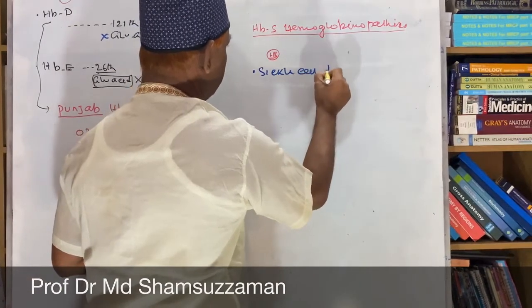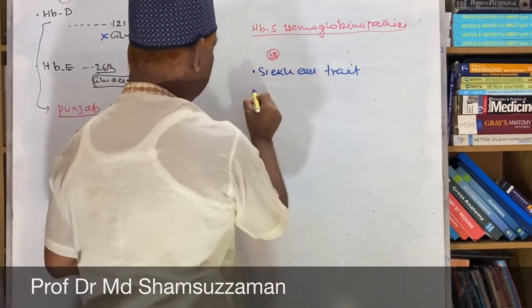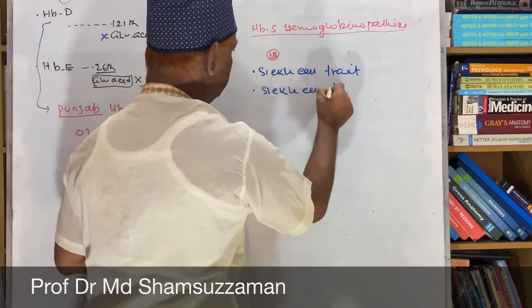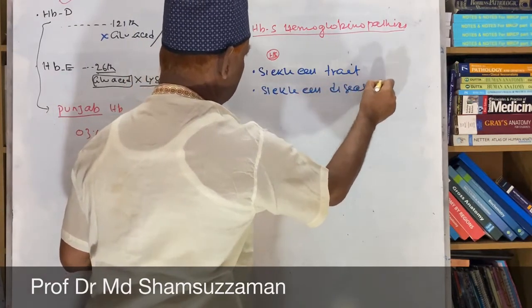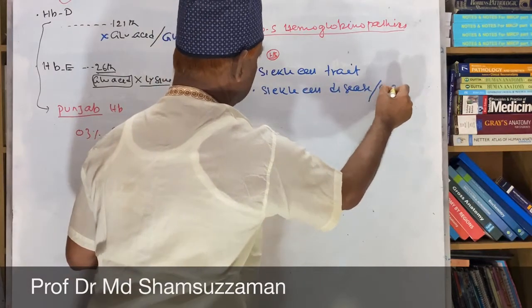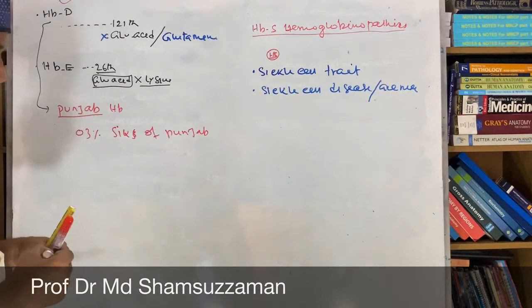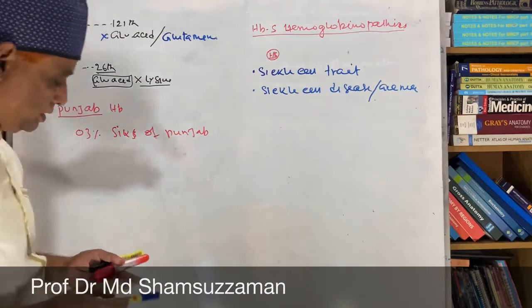One is sickle cell trait, and another is sickle cell anemia or sickle cell disease.